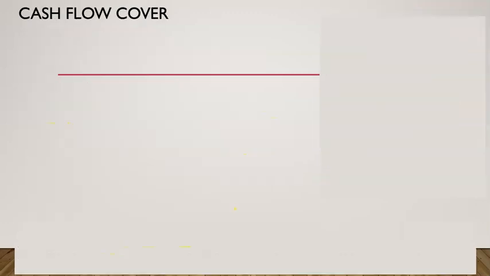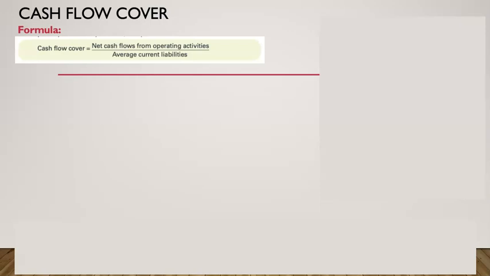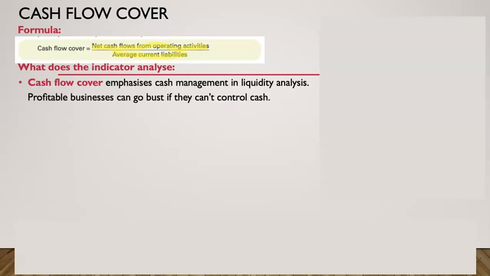Our third and final indicator is cash flow cover. We look at your net cash flows from operating activities, so just cash from your day-to-day business operations, and divide this by your average current liabilities. What is this telling us?